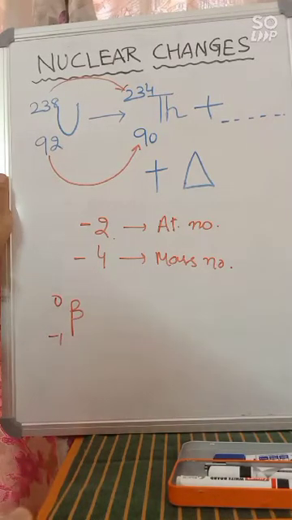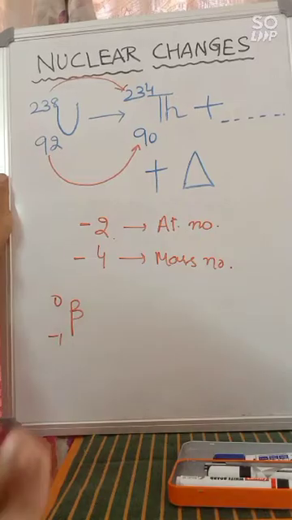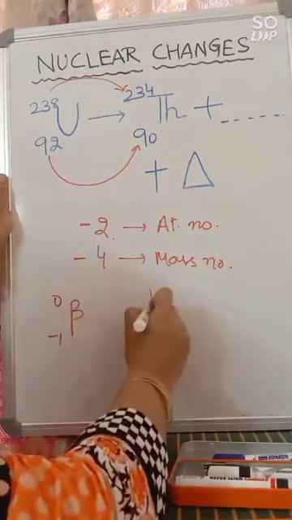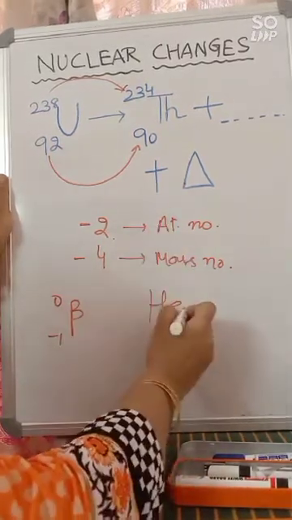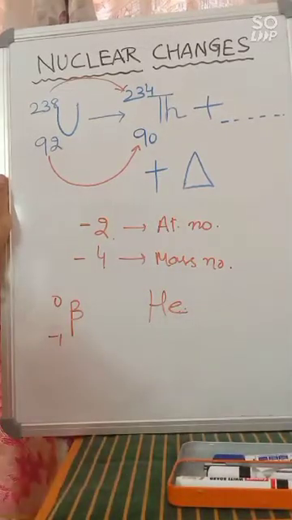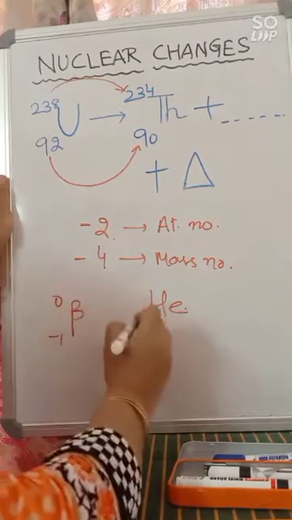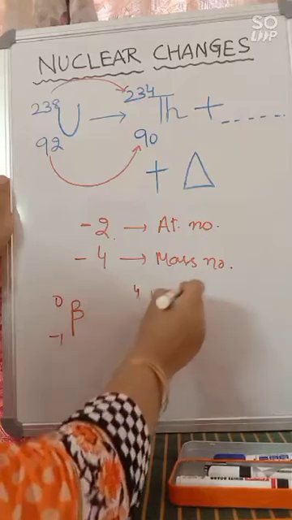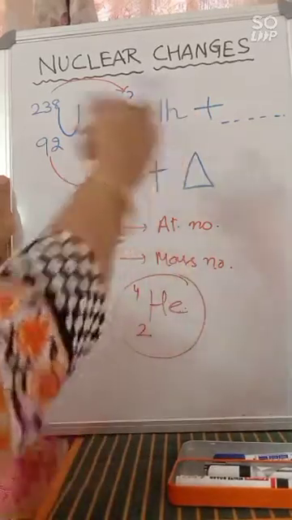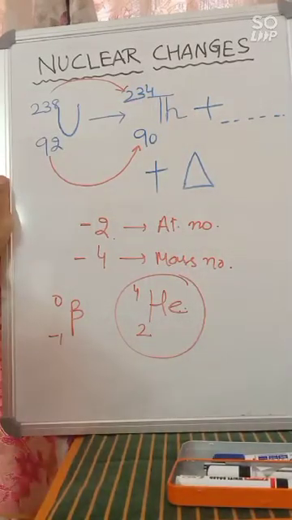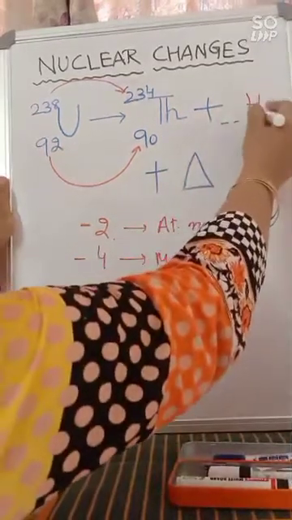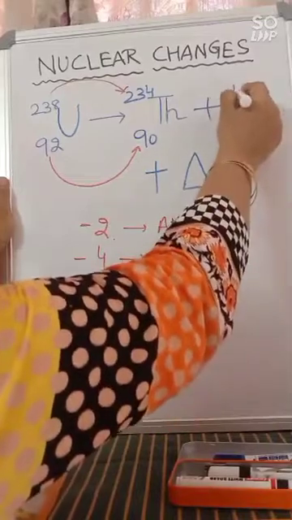Gamma, again not an option. Which option is left now? It is alpha. And as such also, we know that alpha emission is doubly ionized helium, right? So it is representing an alpha emission, and I can write here, this is going to be helium 2 and 4.